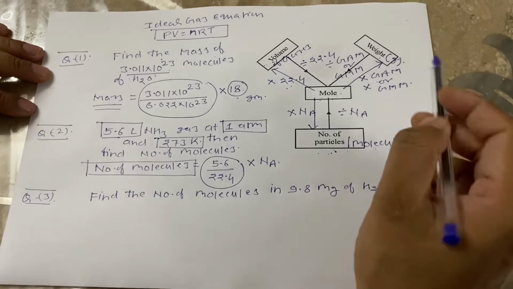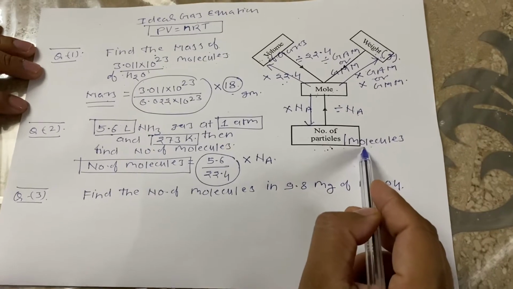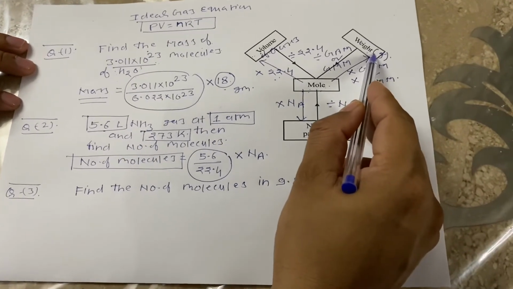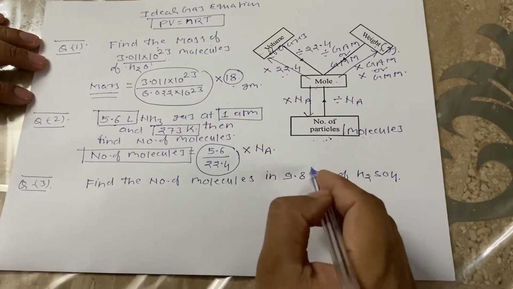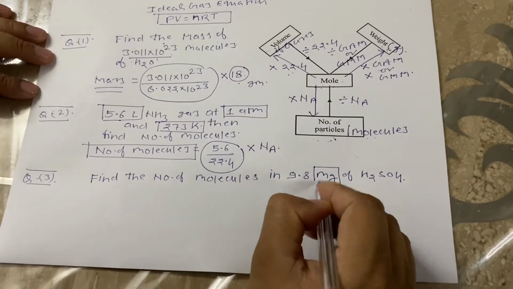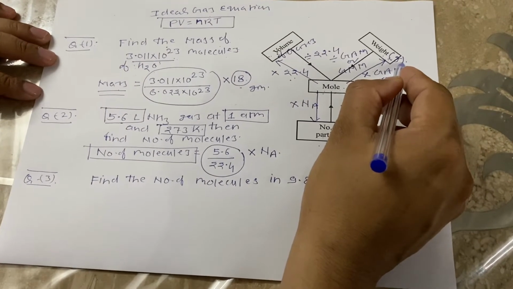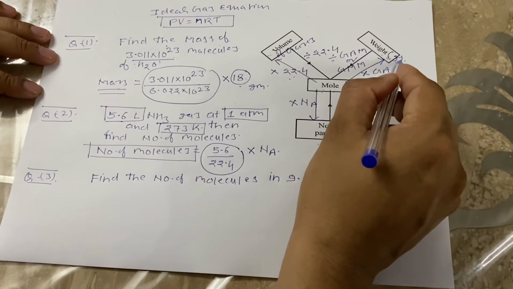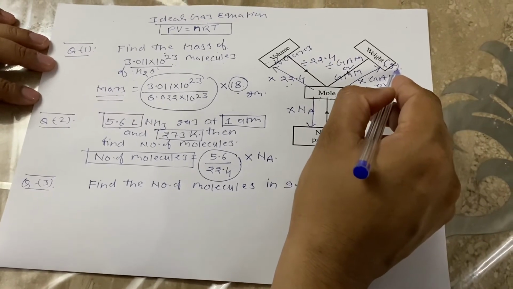It is obvious that the mass of the substance is given, and it is to be converted into the number of molecules. So first, from the mass of the substance, we calculate the number of moles. The mass is provided in milligram, and as I told you, the mass is always taken in gram. If kilogram, milligram or microgram is given, it is to be converted into gram.